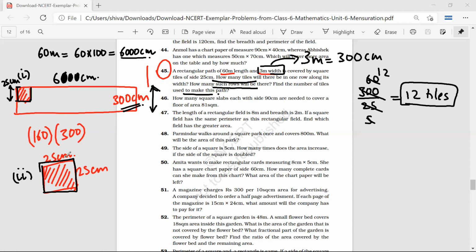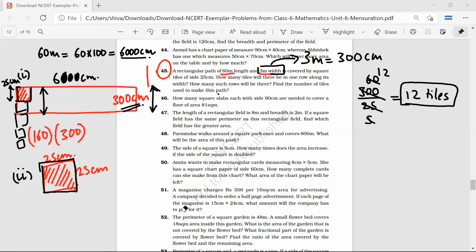And width of my tile is 25 centimeter. So I will need to place 12 tiles like these. 12 tiles like these. Have you got it? Width wise. Is it okay? Yes, sir. So how many such rows will be there?